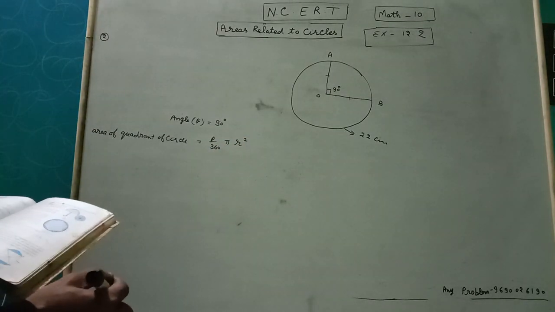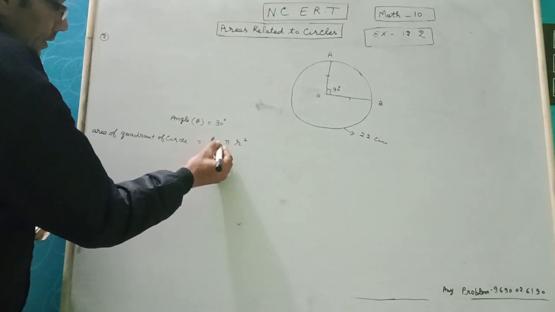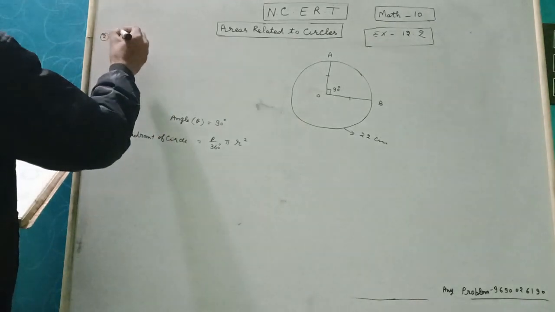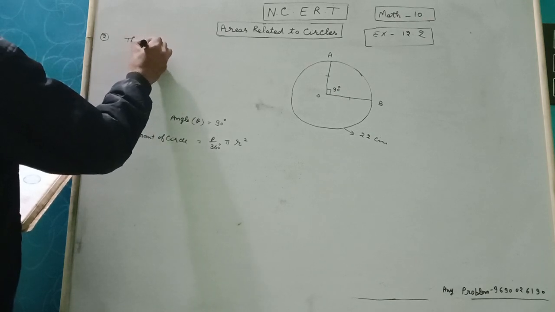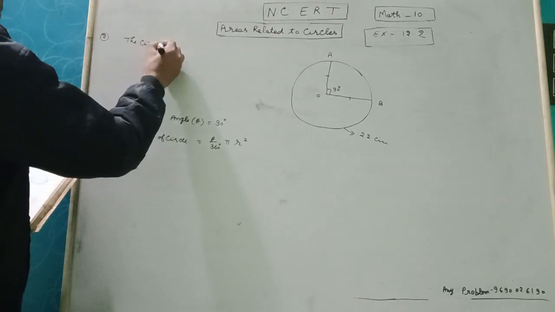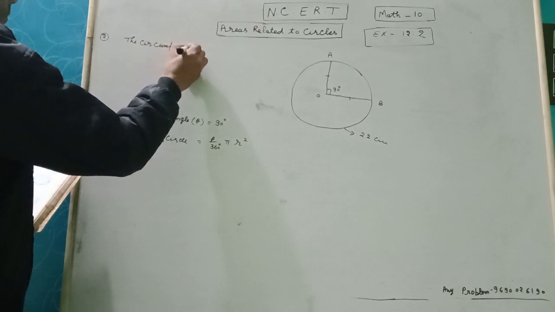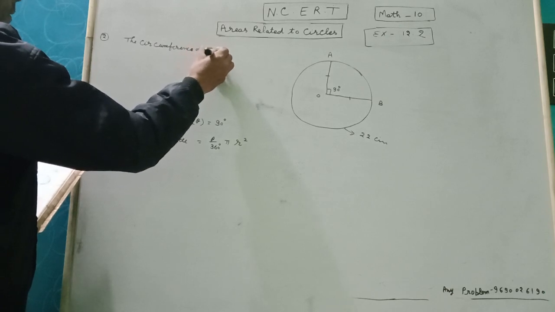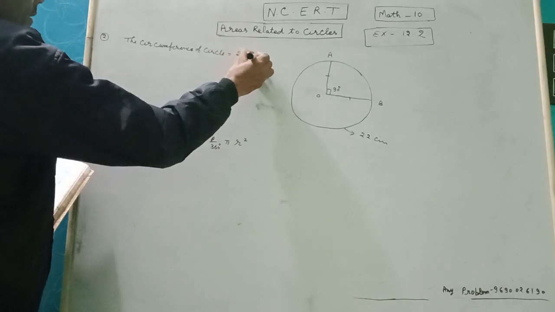But we have the circumference, so at first find the value of the radius. The circumference of the complete circle is 22 cm.